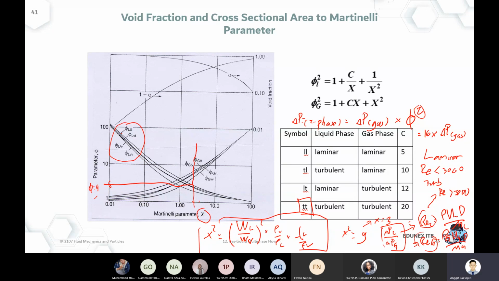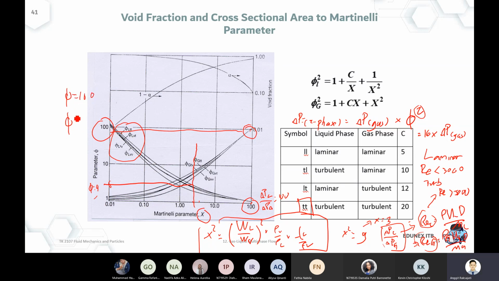Okay. And the case could be even more extreme, as you probably see over here. If X is actually 100, so the delta P liquid per delta P gas is actually 100. And then you try to match the gas part. Even in the most extreme case, you see that the modulus could reach 100.